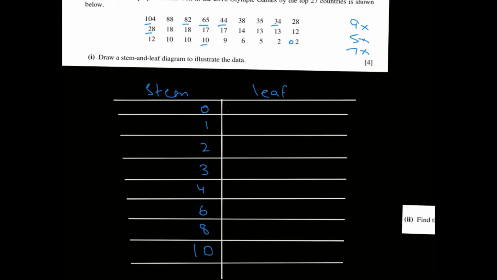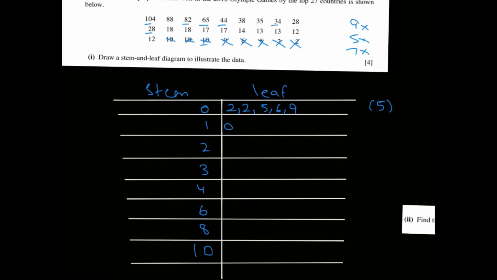Now let's look at our leaves. So we have a 2, and then again a 2, and then a 5, 6, and 9. So 2, 2, 5, 6, 9. So 5 digits. It's always a smart idea to write the number of digits in each stem at the end of the row. Then we have 0, 0, 0.